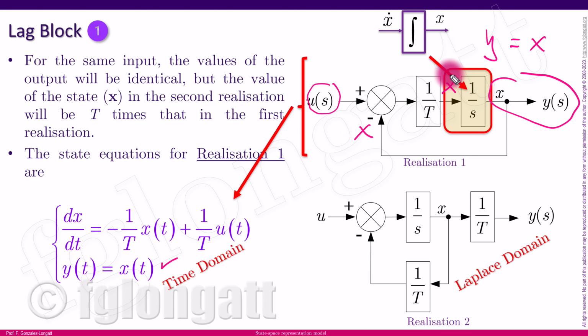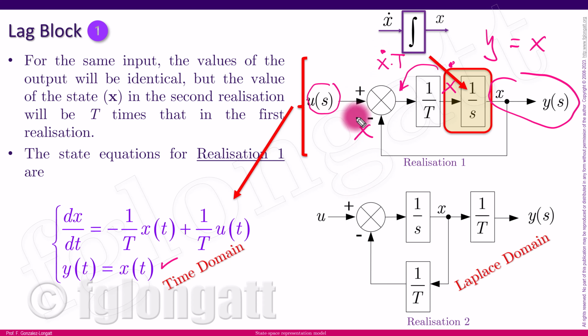That means that what we are getting over here is x dot, or the first derivative of the state equation. So what we are obtaining here is basically x dot multiplied by T.